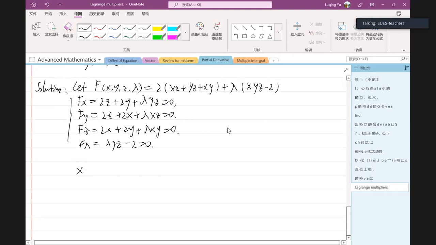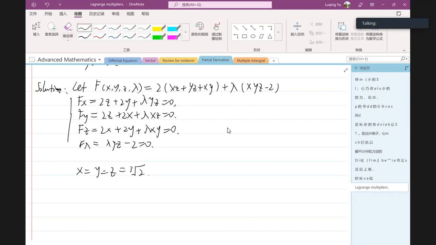Although you might have some difficulties solving this system of equations, and may have some calculation problems here.